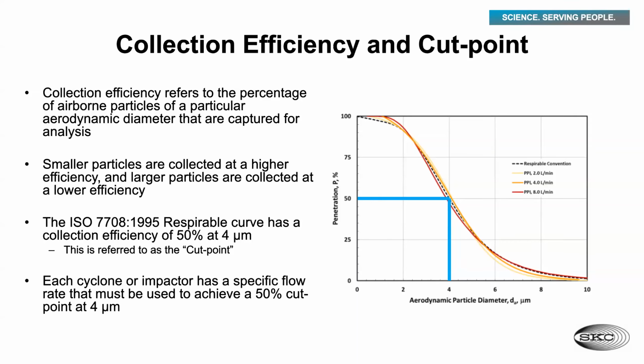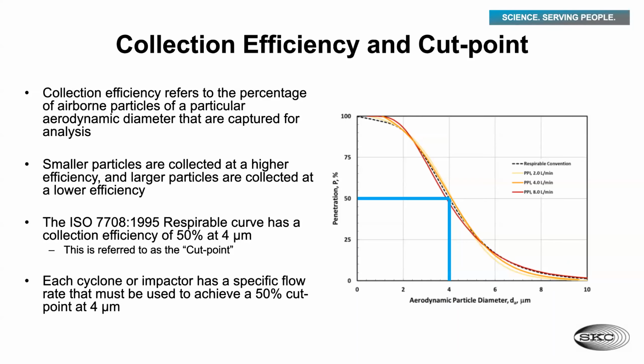Alternatively, at the other end, say something that's 8 microns, we're only going to have about 5 to 6% of those particles collected. And if you go all the way out to 10 microns, we have less than 1% of those particles being captured on our filter to send to the lab.